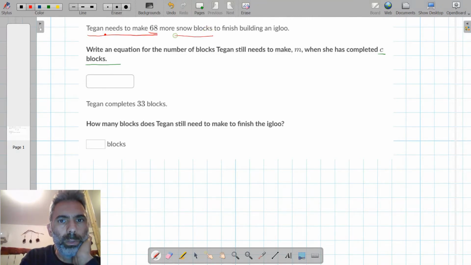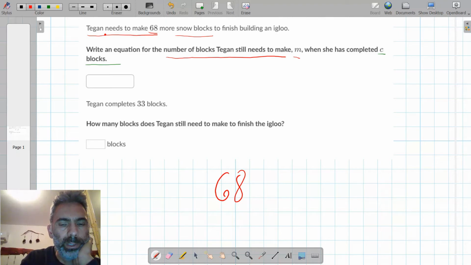Tegan needs to make 68, and here they said the number of blocks Tegan still needs to make. It's the same thing. It can be easily understood as 68 is M, but no, the meaning of the phrasing is that 68 is the total number of blocks.